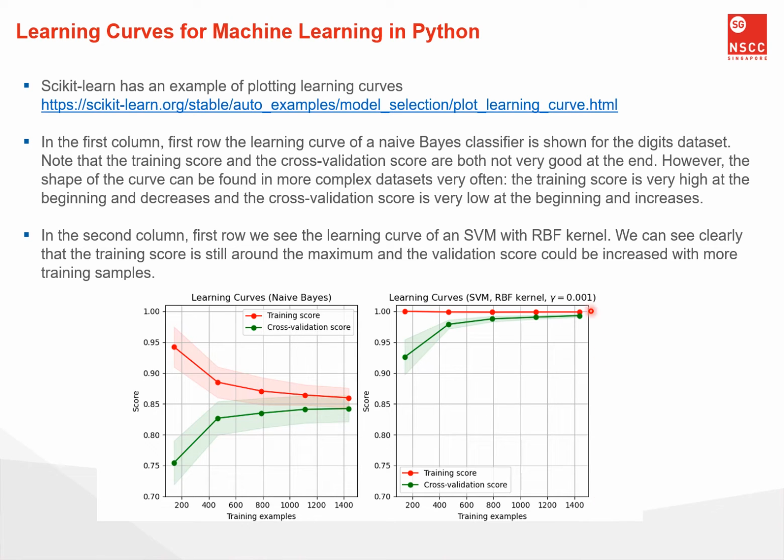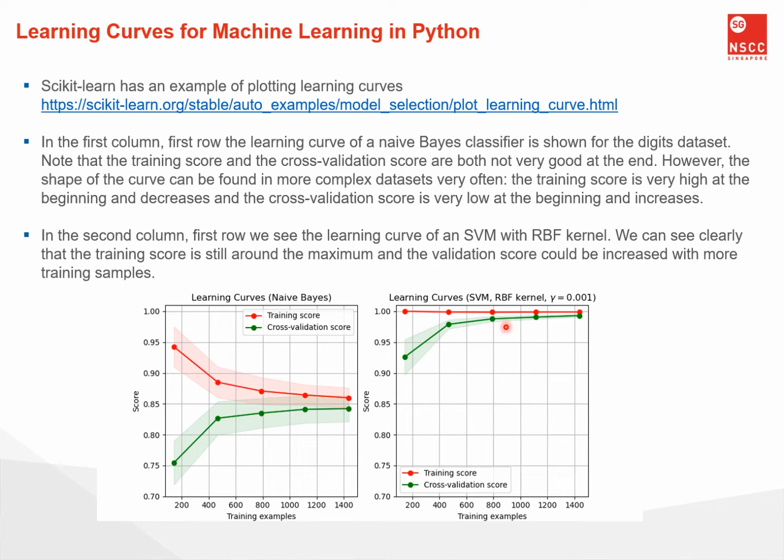The question is, do you think that it will improve even more? You can see that it's actually improving because the cross validation score is approaching the similar value as the training score. Same for this as well, they're actually approaching, but will it approach even more if you increase the number of training samples? For the second example, we can see that beyond like 800 training examples, it doesn't really improve very much anymore.